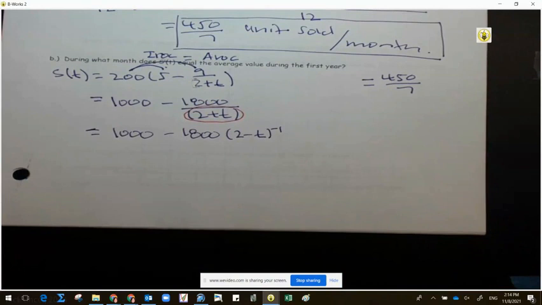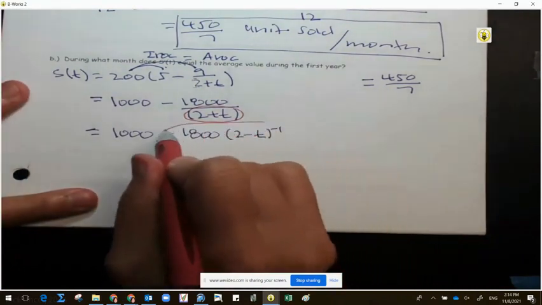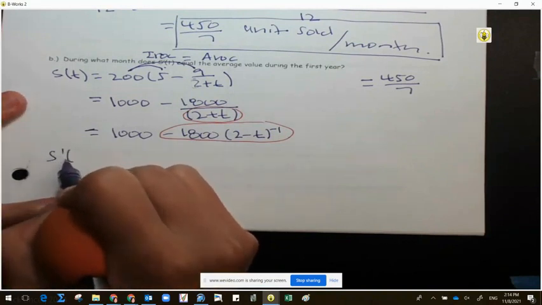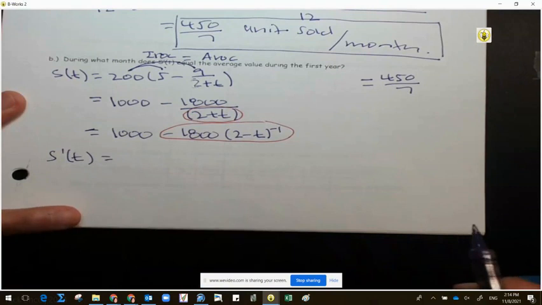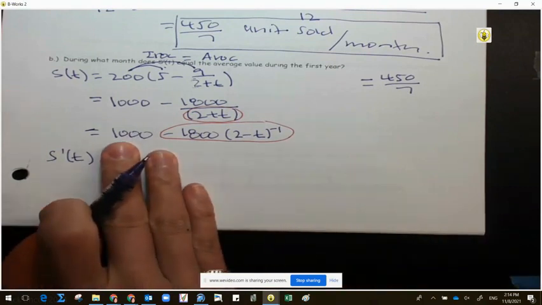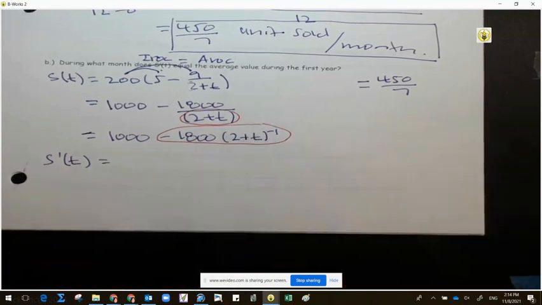So then I can use our rule, and specifically for this one, what rule are we using? Chain rule. So S prime of t is our IROC. So we have derivative of 1,000. Does that matter? It should be 2 plus t. Thank you. Let me write this down.